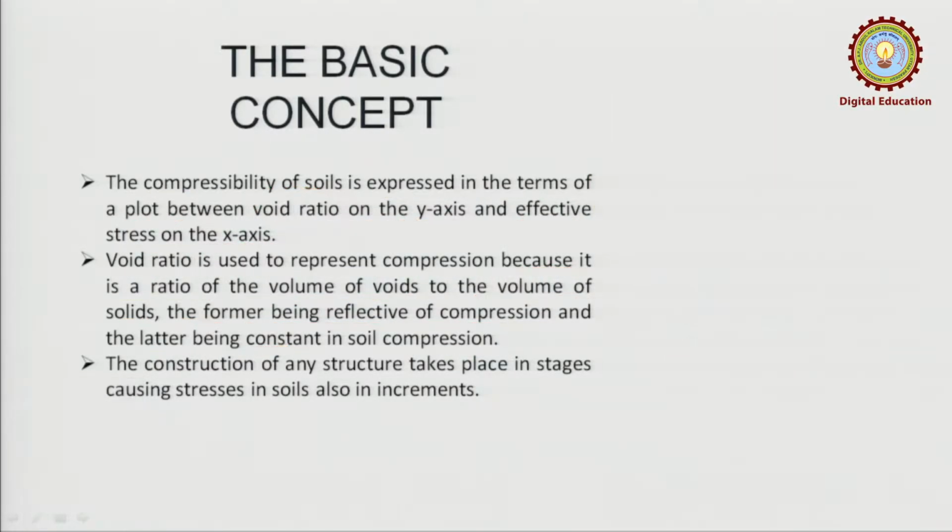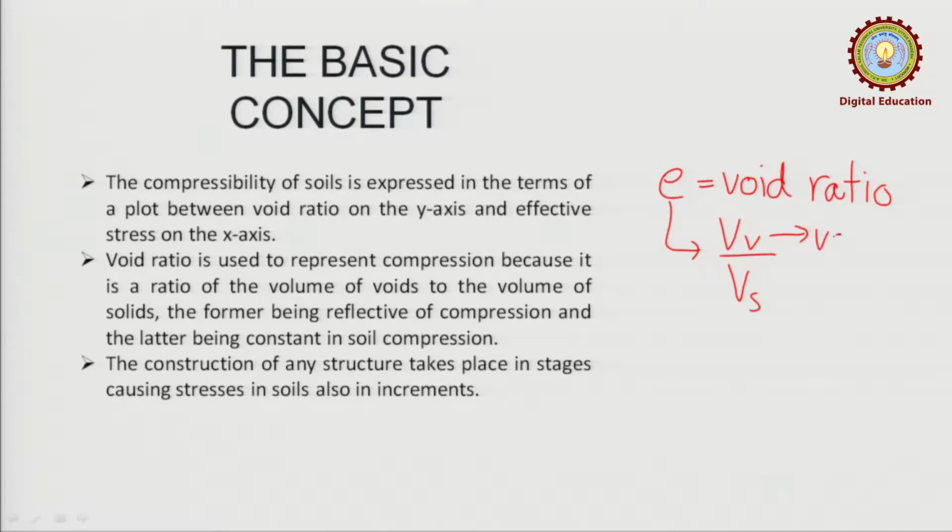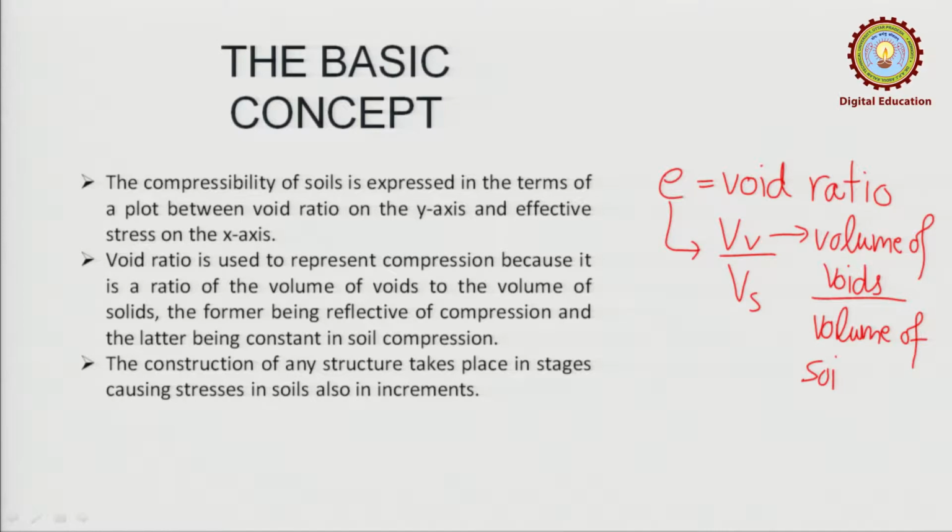If you remember from the previous classes, e, the void ratio, is given by V_V upon V_S, where V_V is the volume of voids upon the volume of soil solids.